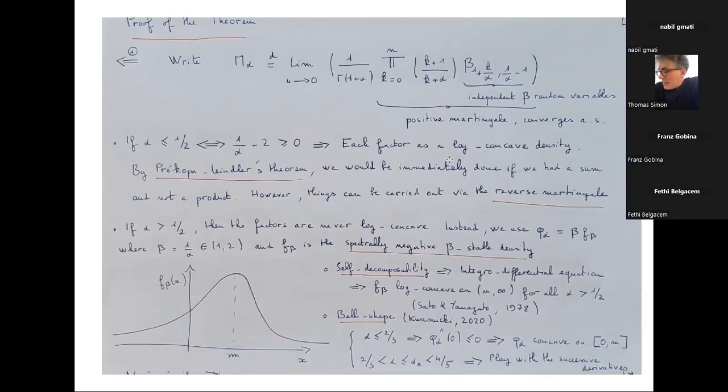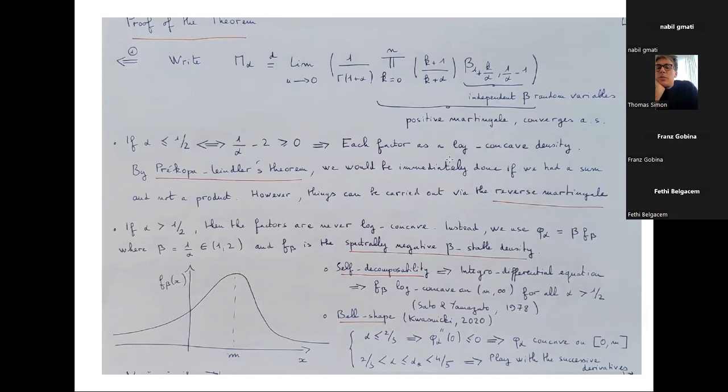And those densities are self-decomposable. Self-decomposability means that they are infinitely divisible, and lying behind the infinite divisibility is another integral differential equation. And this integral differential equation is linear.